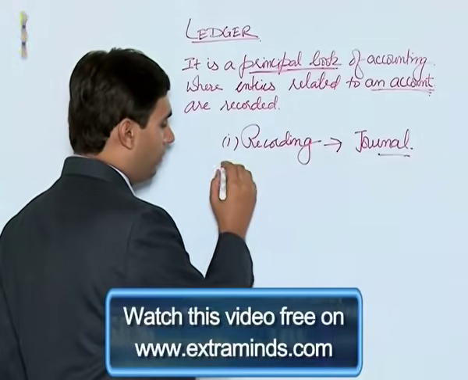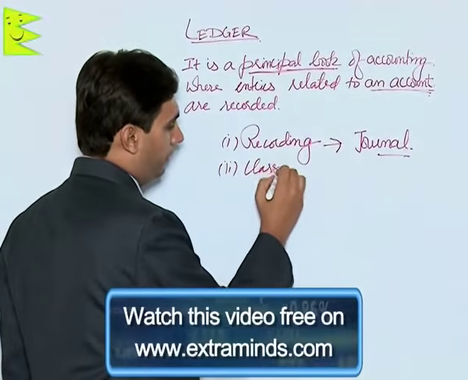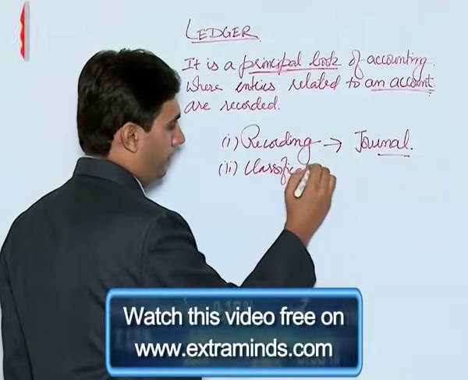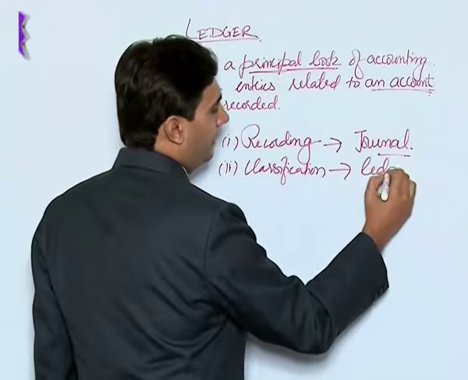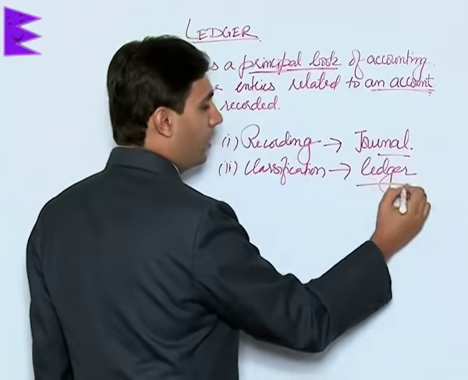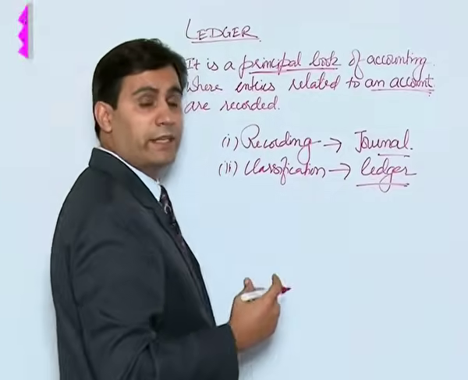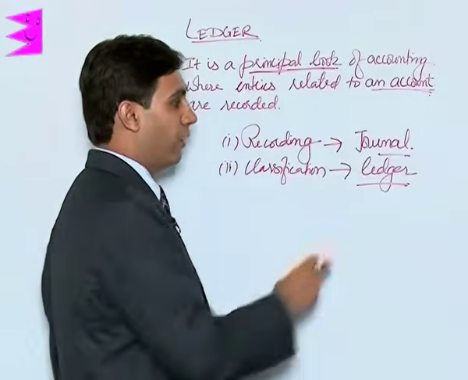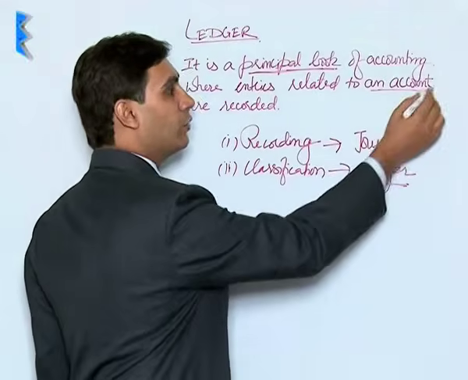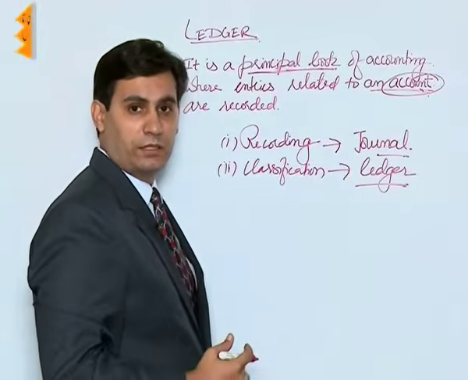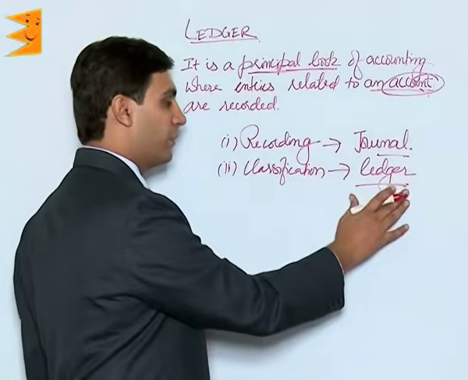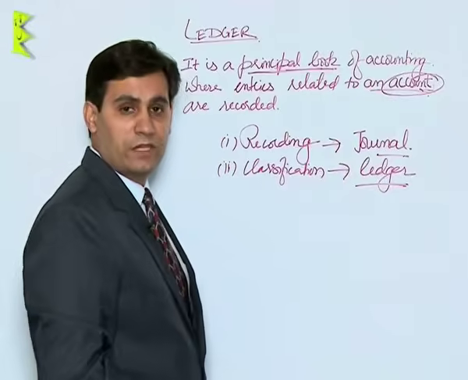The second function was classification. This function is performed by ledger. What ledger does is that it collects various entries from the journal related to a particular account and presents a meaningful result. So now ledger performs the function of classification.